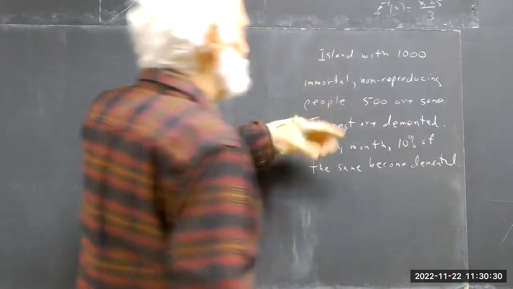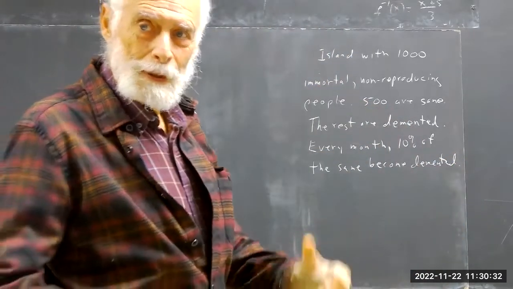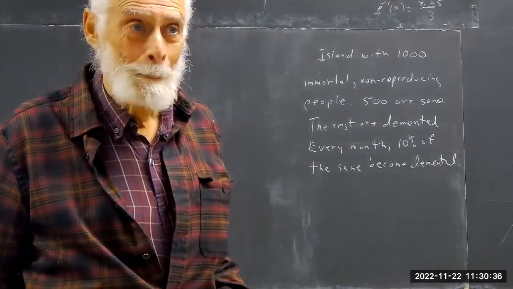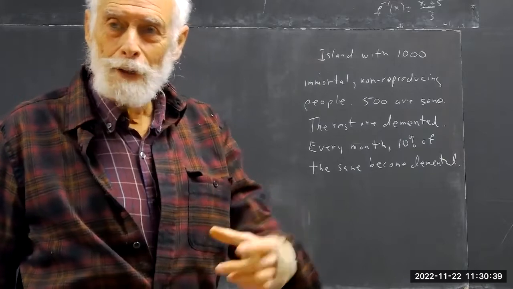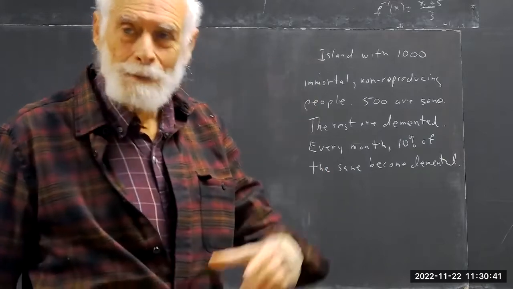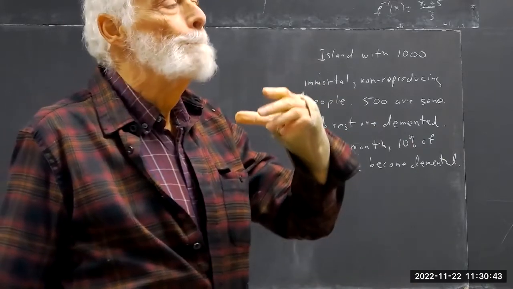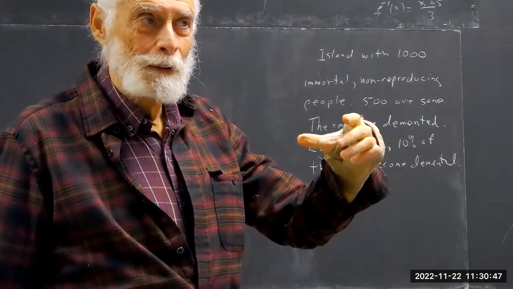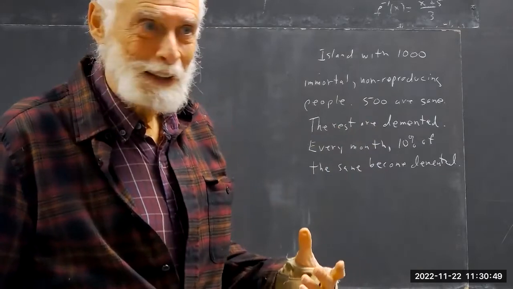You can imagine, you've got a bunch of sane and demented people, and they have influence on each other. Turns out on this island, sanity is a stronger influence than dementedness.